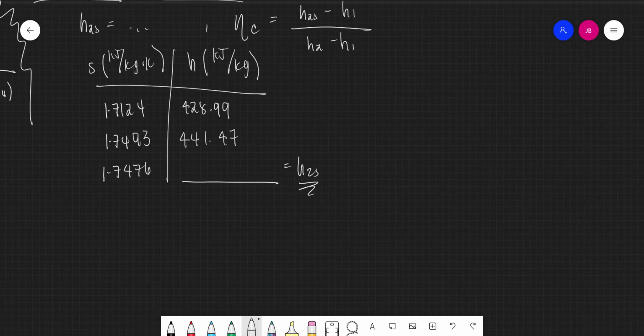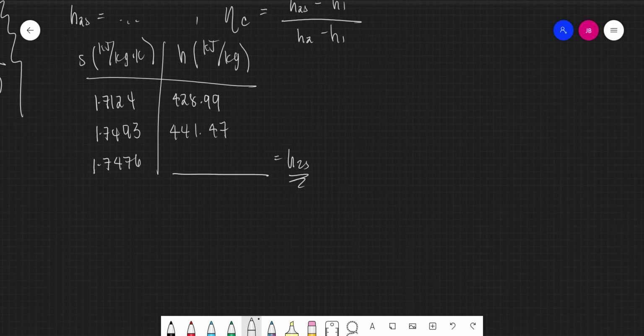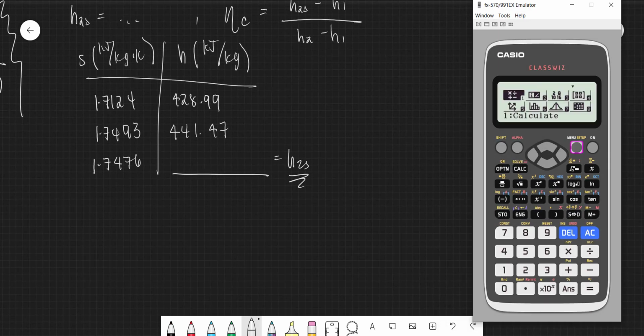So let us just input it in our calculator and do the interpolation. Press menu, go to statistics which is number 6. And then choose two-variable table. So, input lang natin ang values na enthalpies at entropies. Select AC.